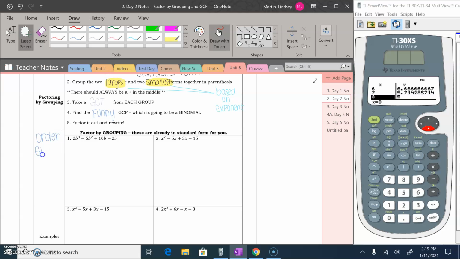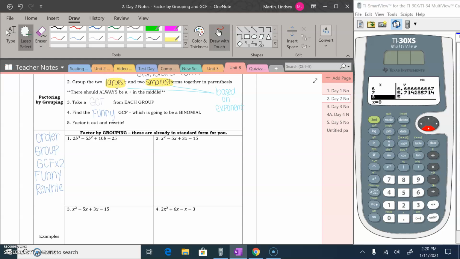Then we will group. We'll take a GCF from each group. Then we'll take a funny GCF, and then we will rewrite. If that helps you, write it down. If it doesn't, no worries.